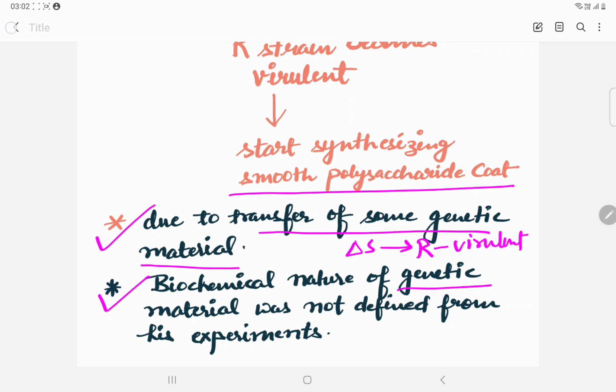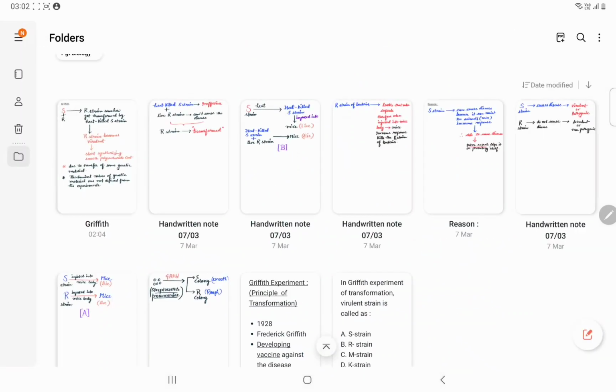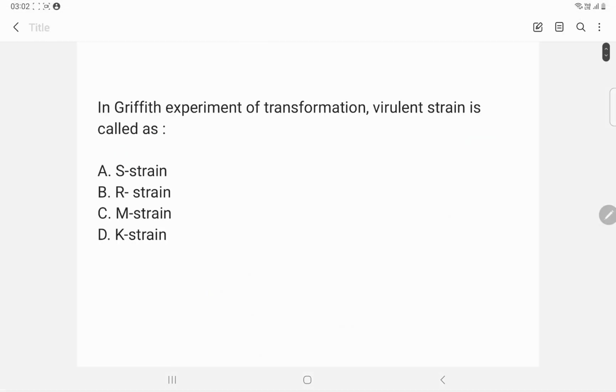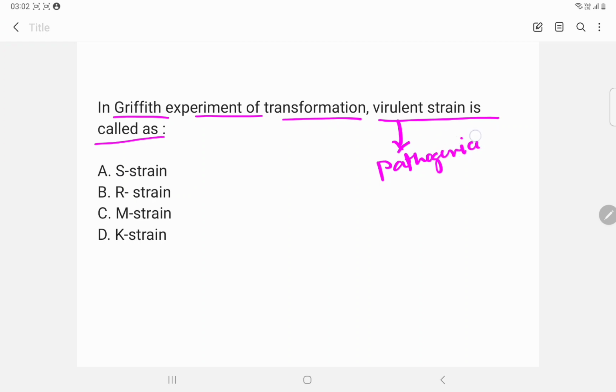Now coming back to the question asked in the UPPCT exam, in Griffith experiment of transformation. Now let's solve it. Virulent strain is that strain which can cause pathogenicity or disease in the animal.